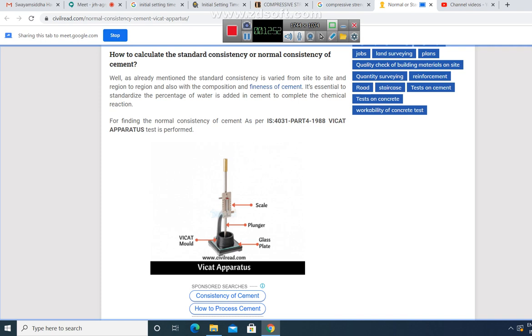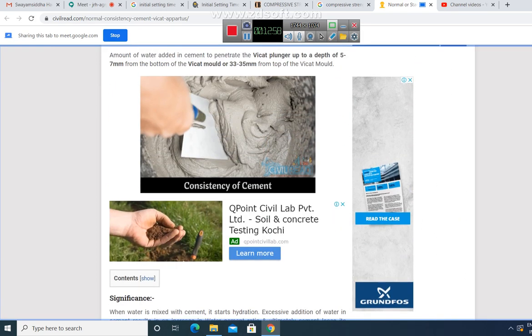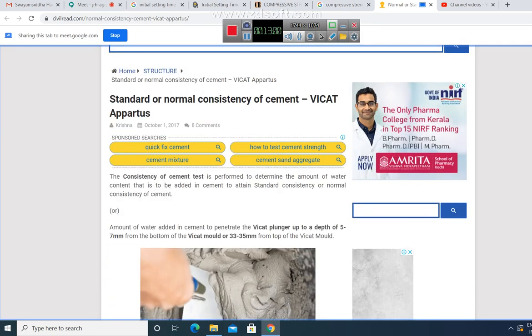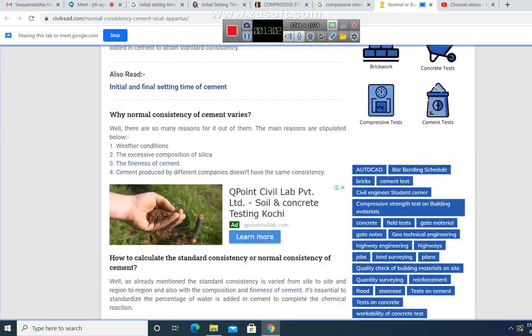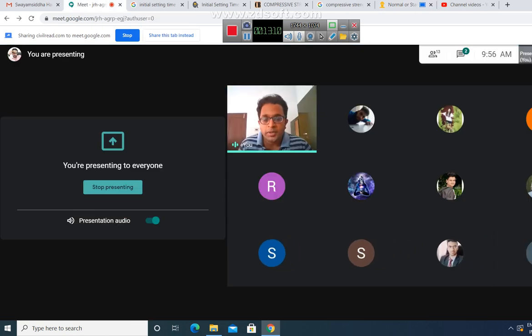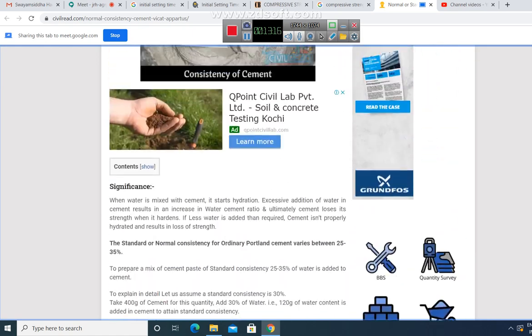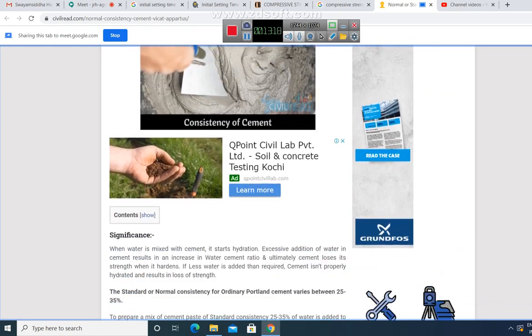If the plunger can penetrate 5 to 7 millimeter from the bottom of the mold, or 33 to 35 millimeter from the top of the mold, the water content required for that particular penetration you call the standard consistency. I hope you are understanding something.